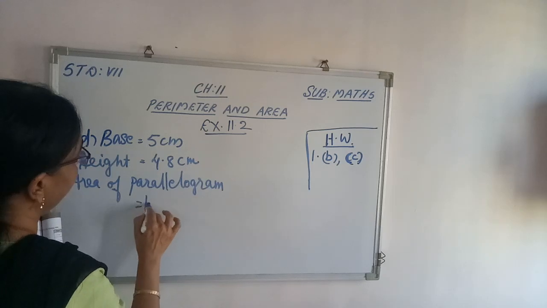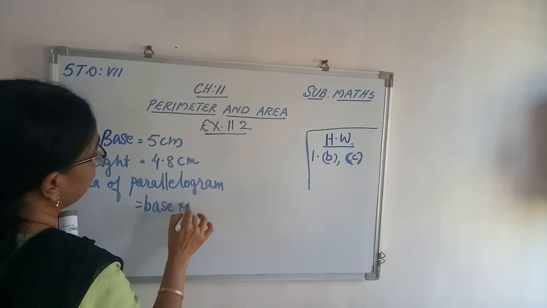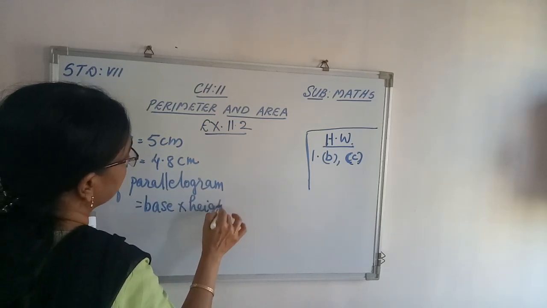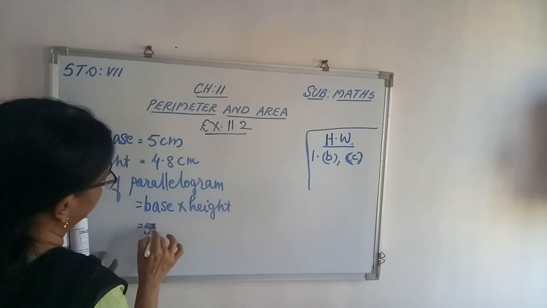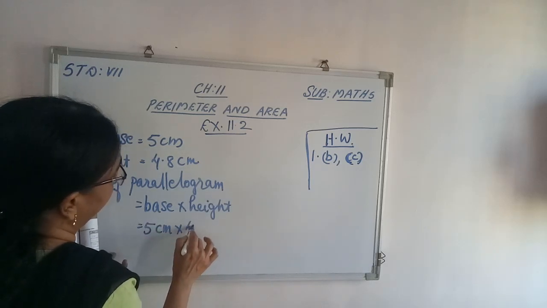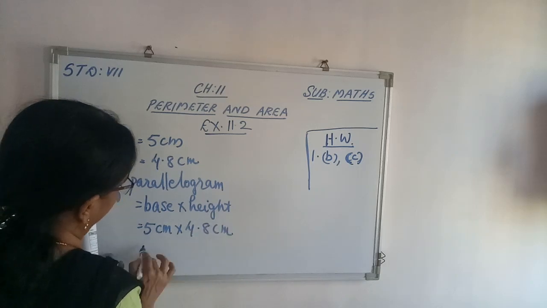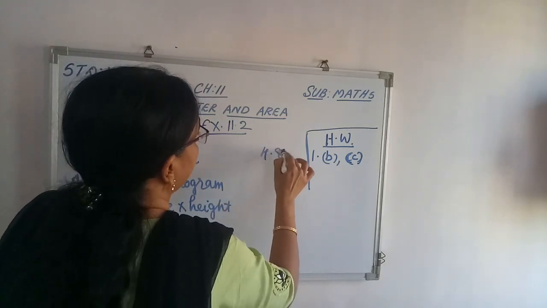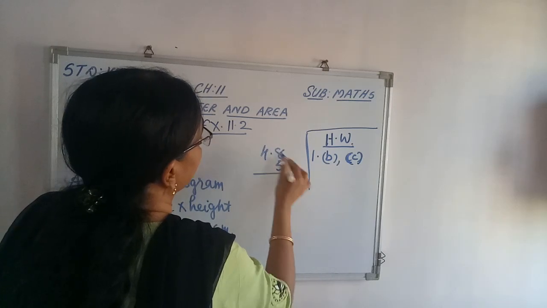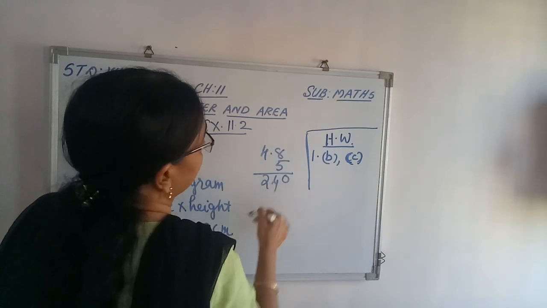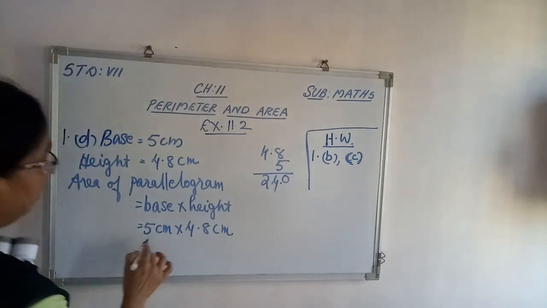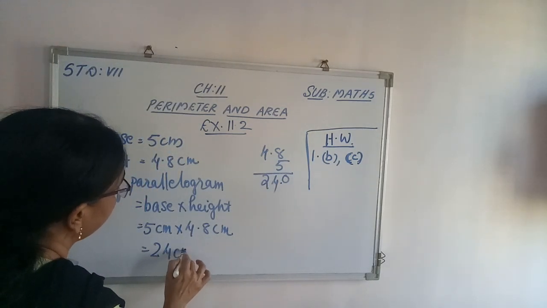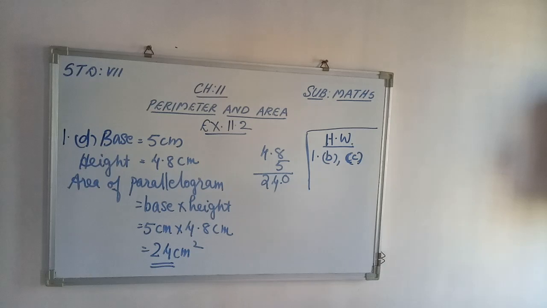Formula: base into height. Five centimeter multiplied by 4.8 centimeter. Multiply and see. 4.8 multiplied by 5. 1 decimal, that is 24 centimeter square. That is the answer. If you know the formula, it's very easy to calculate.